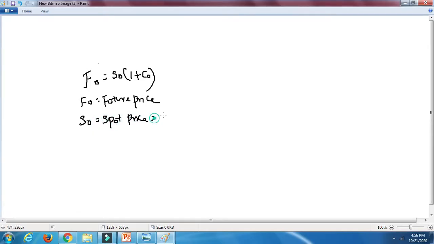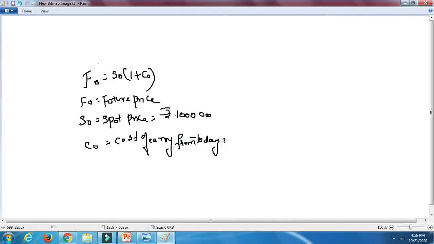What has been given in the question? Spot price rupees 1 lakh. And C0 is your cost of carry from today till time t. So that is how we need to calculate.